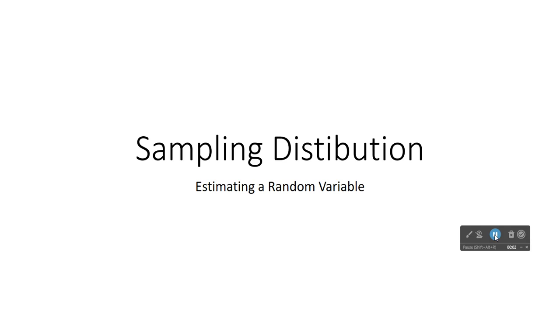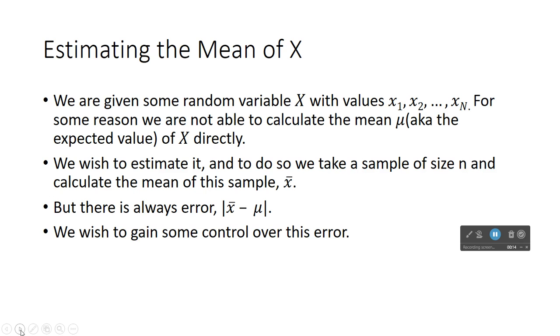So we're going to have a lecture now about the sampling distribution, and this is going to be how we estimate the mean of a random variable. So let's talk about this problem here, because we're estimating the mean of a random variable x.